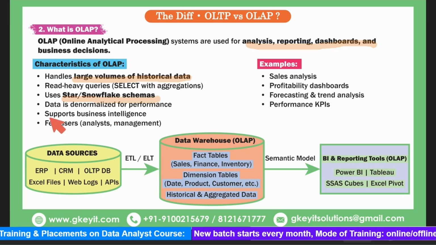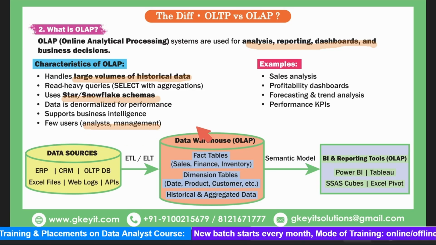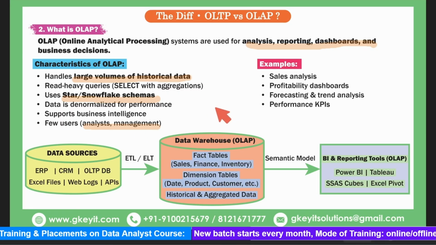These systems support business intelligence, and they have few users like analysts and managers. That means once the data is stored in the data warehouse, by using the different reports, the analysts and managers make decisions on their business.